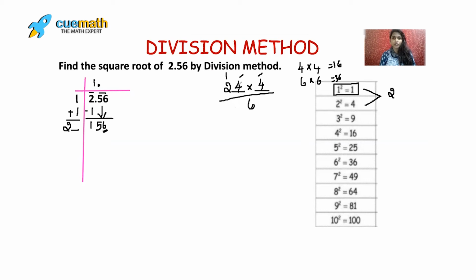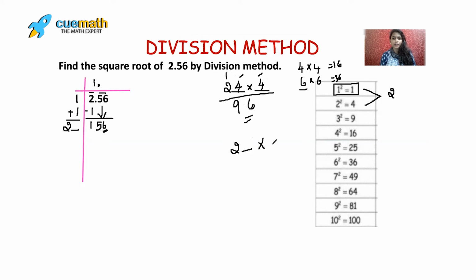I have to just pick 4: 24 times 4. 4 times 4 is 16, 1 carry. 4 times 2 is 8, and 8 plus 1 is 9, so 96. This doesn't work. So I would go with 6.